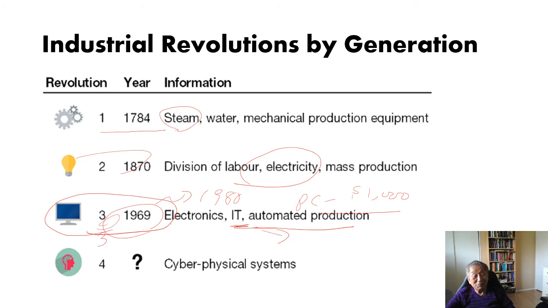Some people say, though it is not official, that 3.5 generation is the internet. Around a little later than this, in the 1980s and 90s, the internet became so popular. The internet, this networking, and of course the World Wide Web. These things became very widespread, and the necessary devices were invented, manufactured, and sold at low cost.